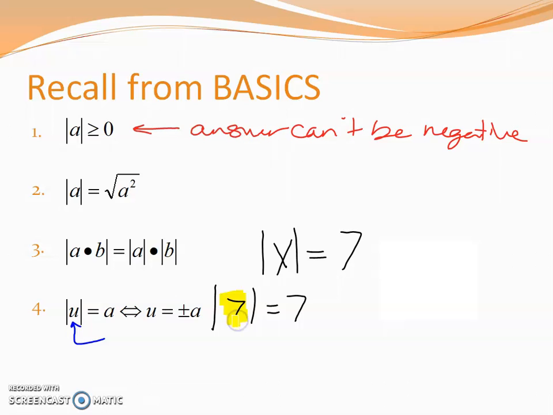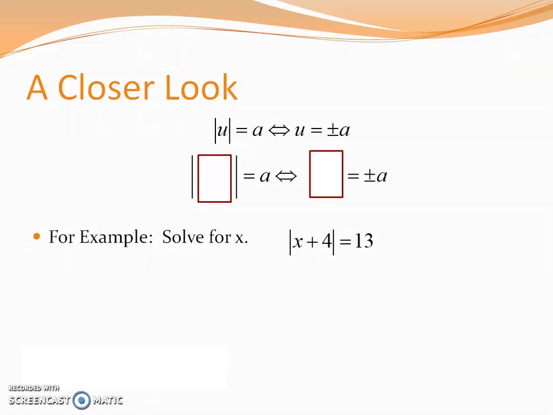Because the absolute value of 7 is 7. However, some of you would say, I could plug a -7 in for that, and the absolute value of -7 also equals 7. So if the absolute value of x equals 7, x could equal 7 or could also equal -7. That's important. What's on the inside could equal a positive or a negative, and that's going to come into play when solving equations.